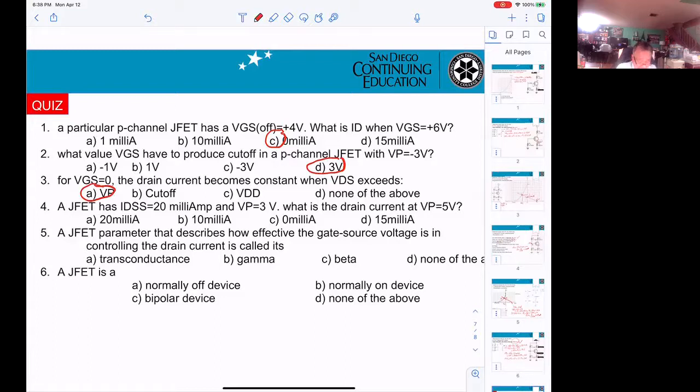JFET IDSS 20 milliamps and VP 3 volts. What is the drain current at VDS equal 5 volts? The answer is A. 20. A, B, C, D. A.